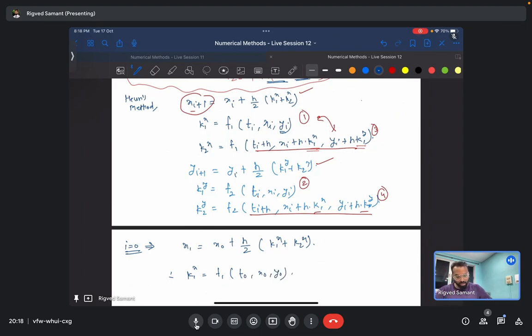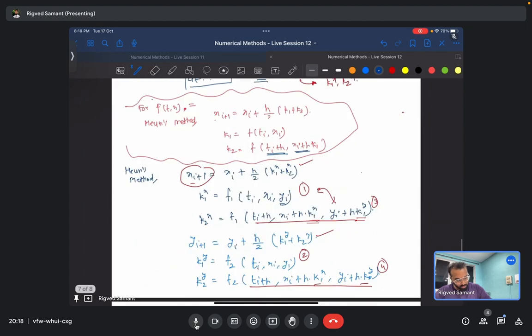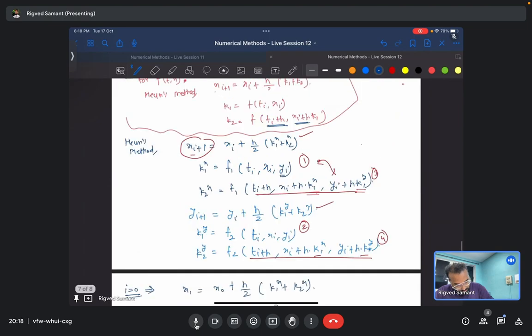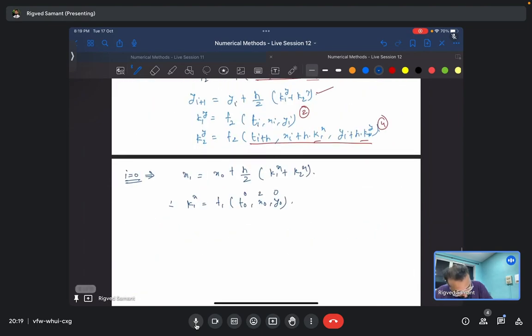We have all three values: t0 is 0, x0 is 2, y0 is 0. So what is f1? F1 is only y. So k1x is equal to y, so that is 0.